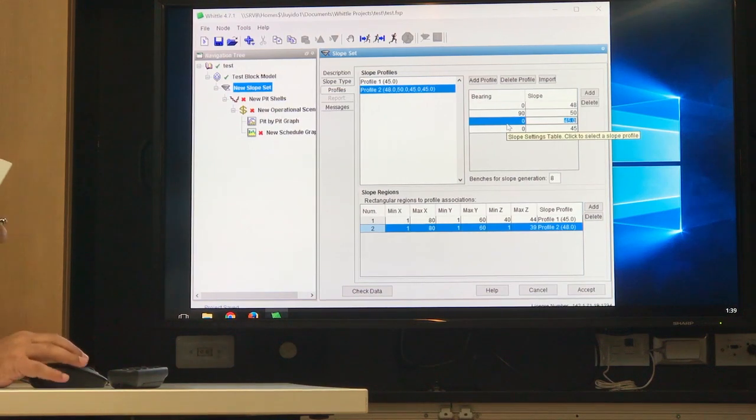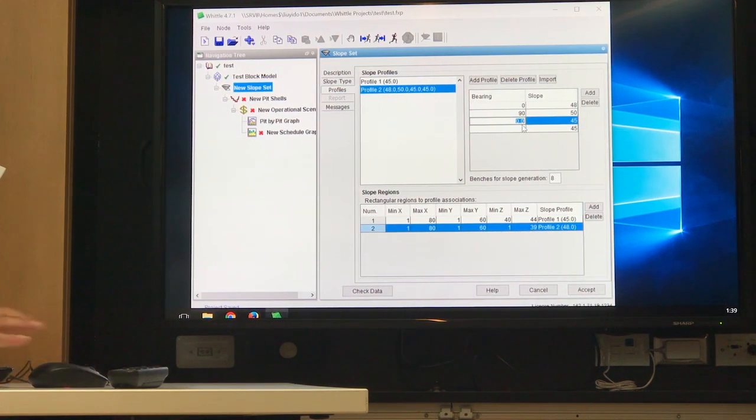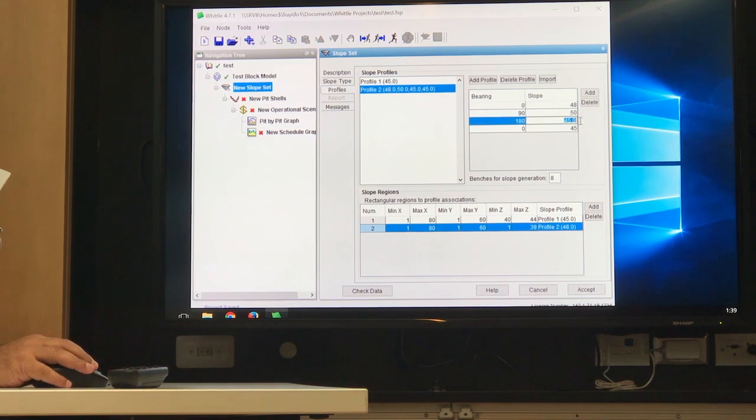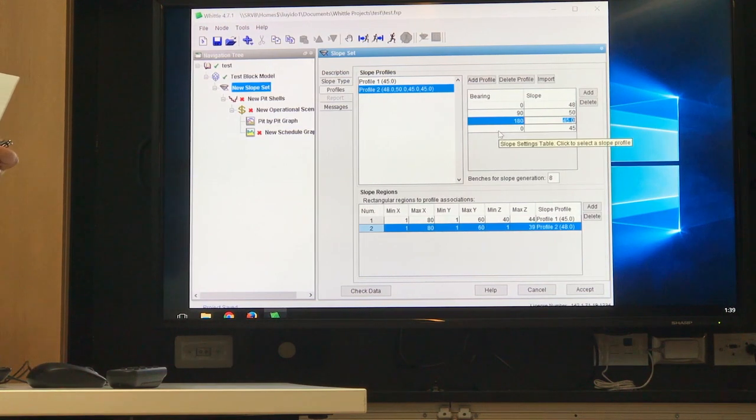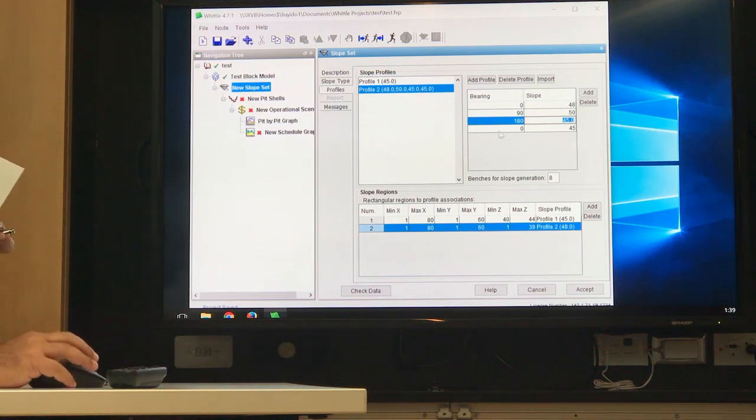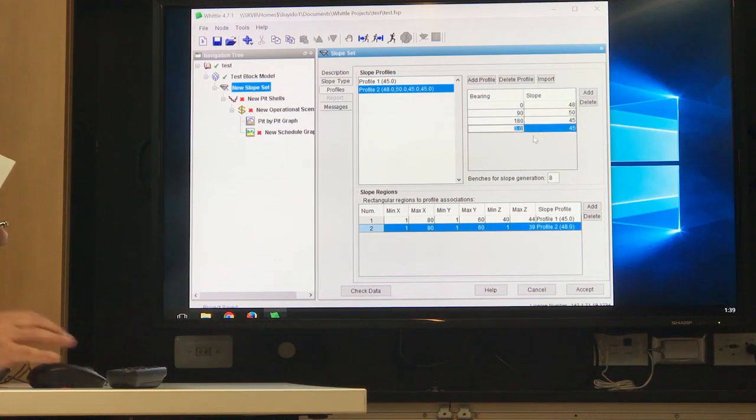To the south wall, which is 180 degree, go and assign a lower slope angle, 45 degree, because there is a joint that is unfavorable with respect to the wall. And for the west wall, go and assign again a higher value of 47 degrees. Okay?